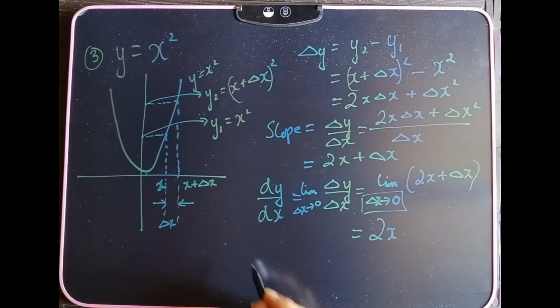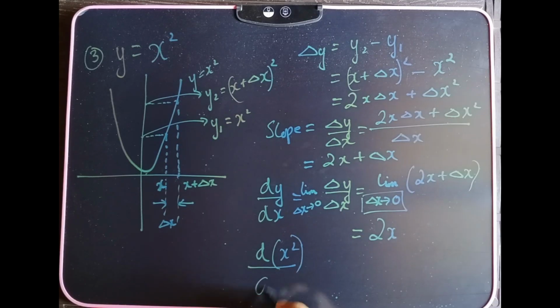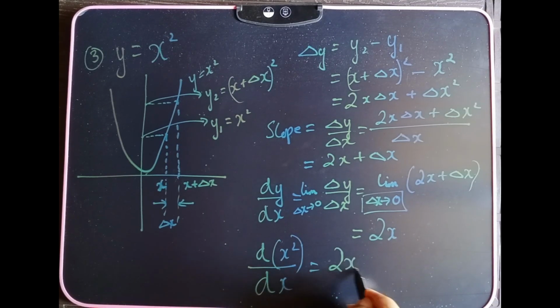That means the derivative of x square by dx turns out to be 2x.